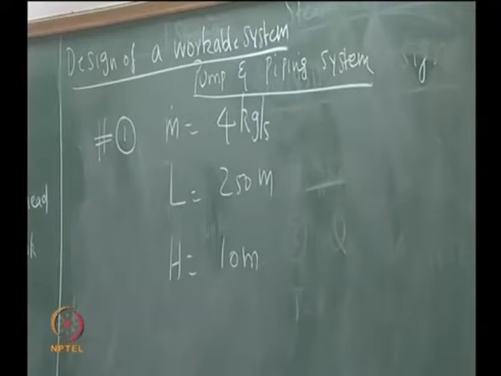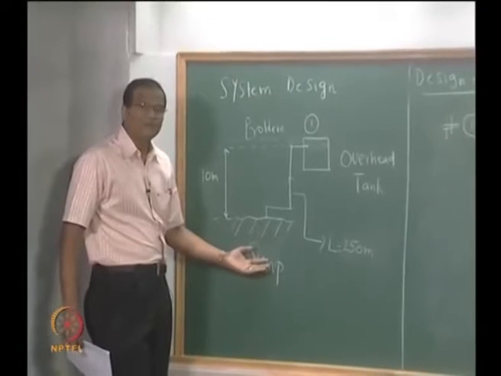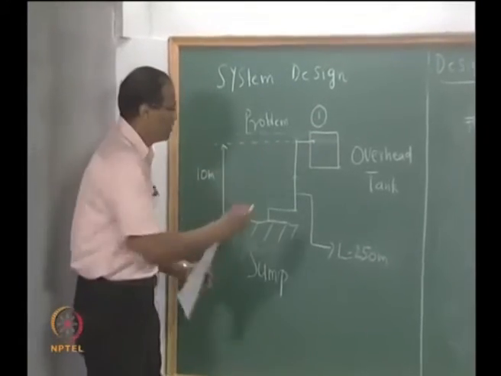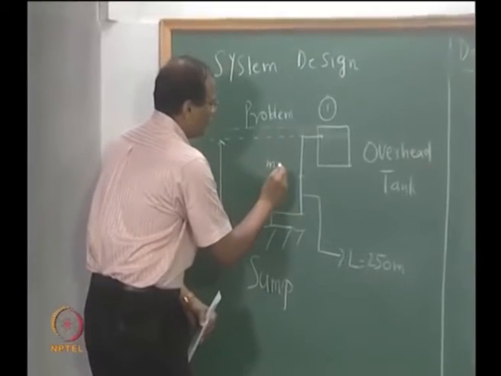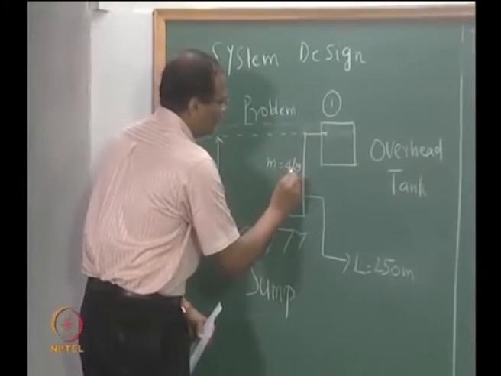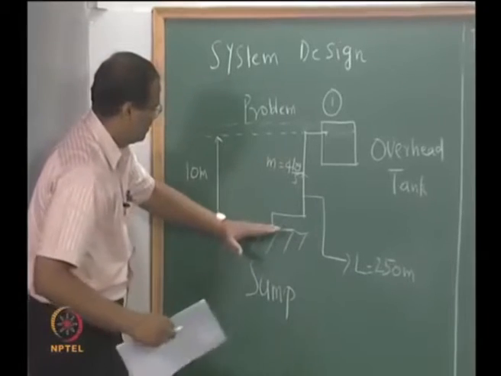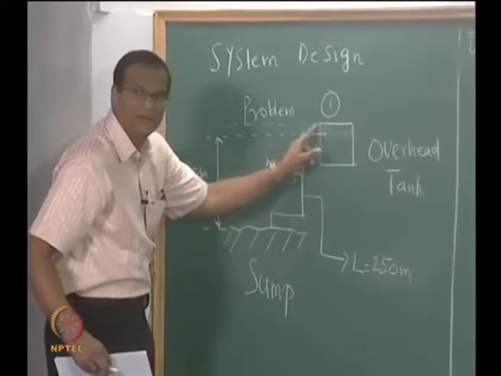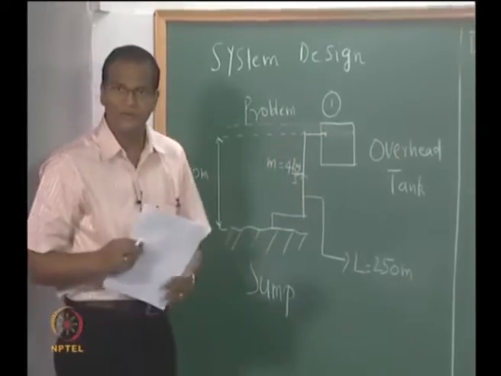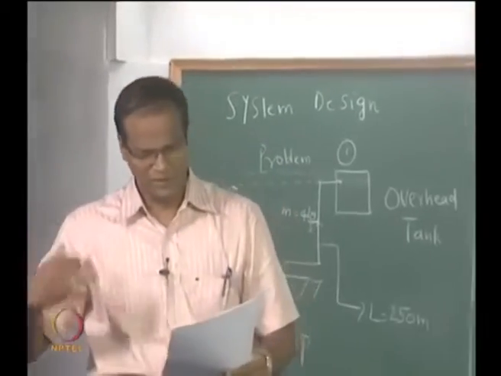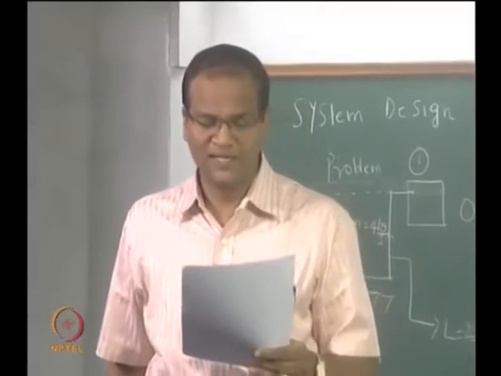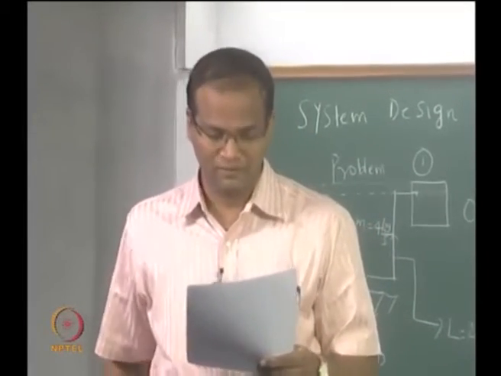A depiction is given here. There is a sump, there is an overhead tank, you are taking water from here to here. So this is the pipe, so your m is 4 kg per second. The height difference is 10 meters and this L is 250 meters. It may be an apartment complex, whatever. 4 bends exist along the pipeline.